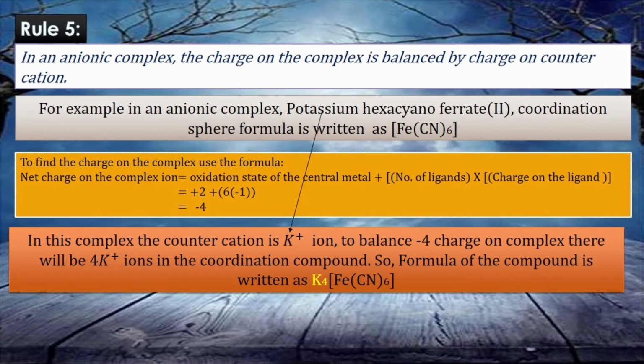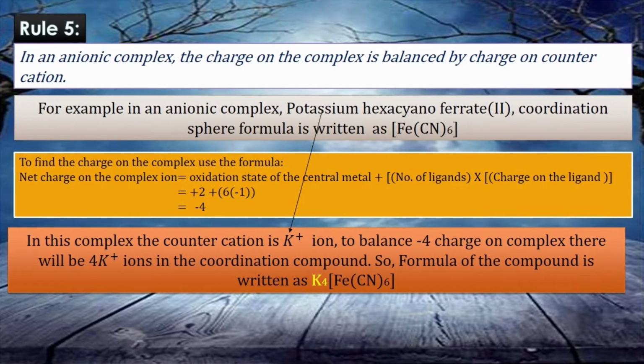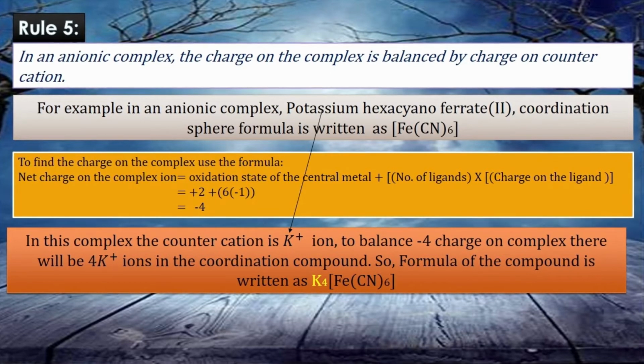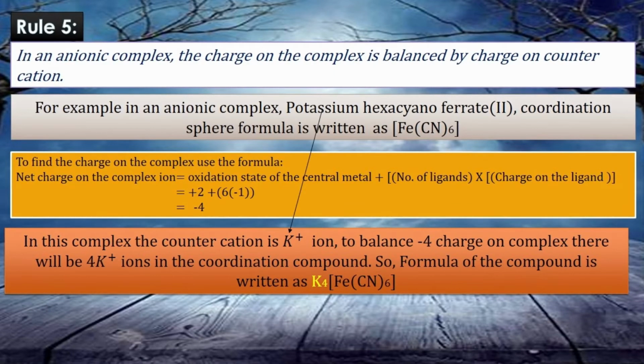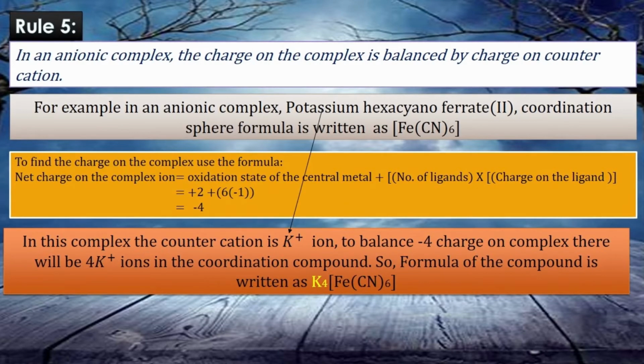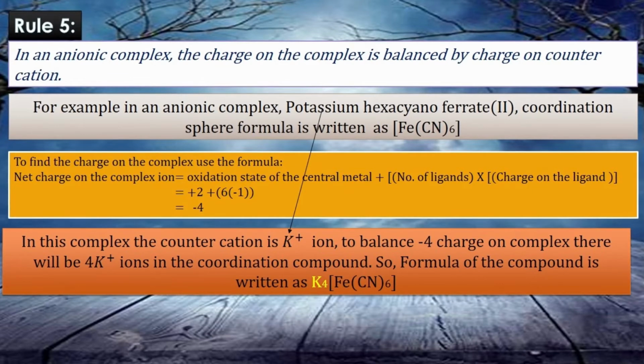For example, if you take the complex potassium hexacyanoferrate(II), inside the coordination sphere, first we will write the symbol of the central metal atom, that is iron. Then we will write the formula of the ligands, that is CN. Then we will mention how many times that ligand is present. Then we will close the square bracket.